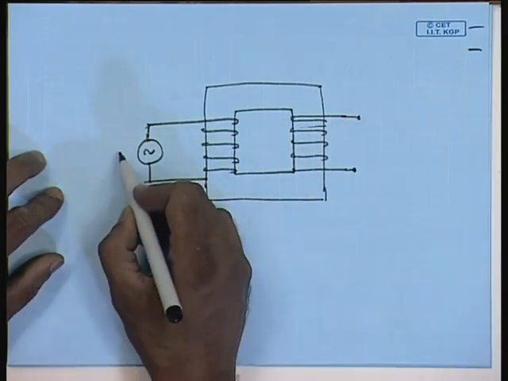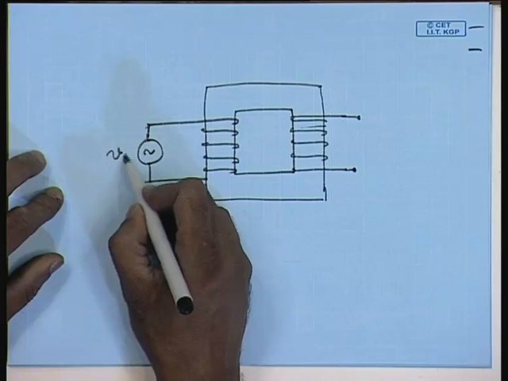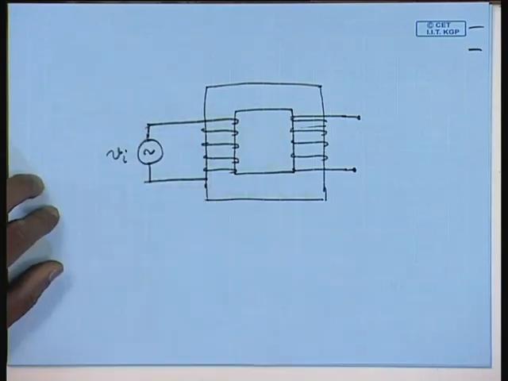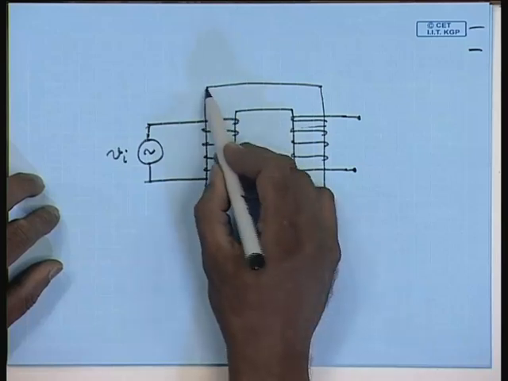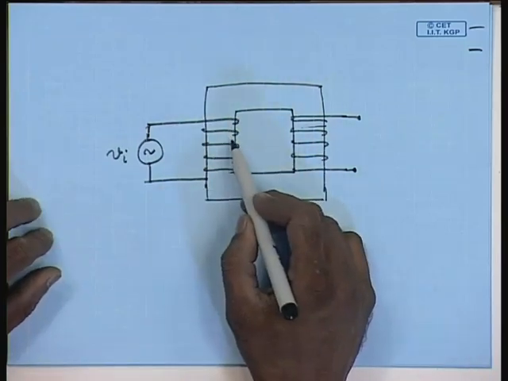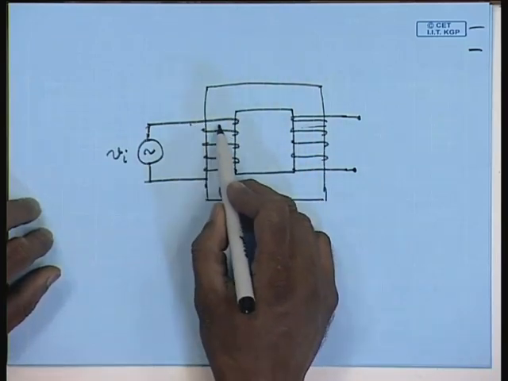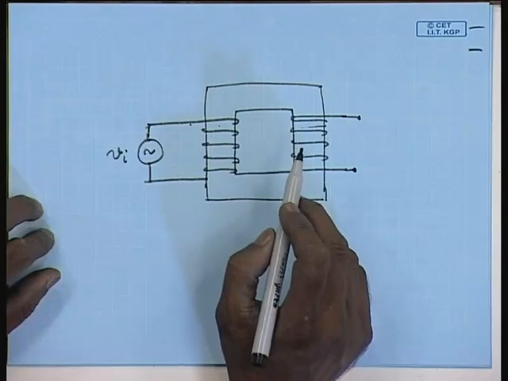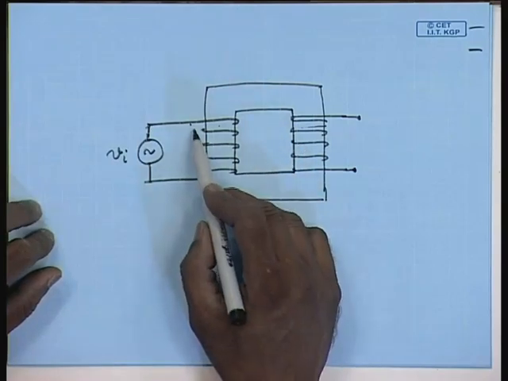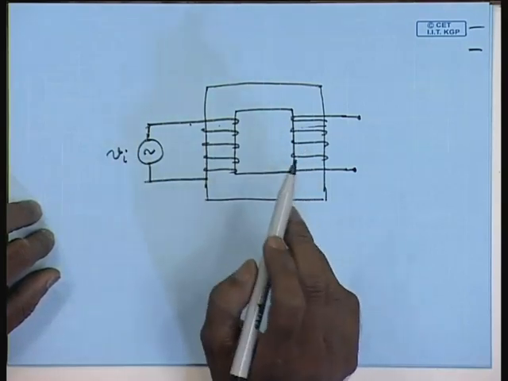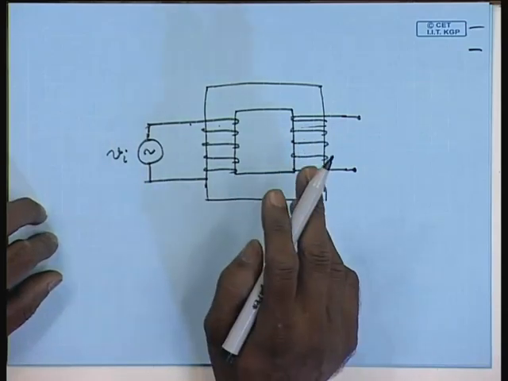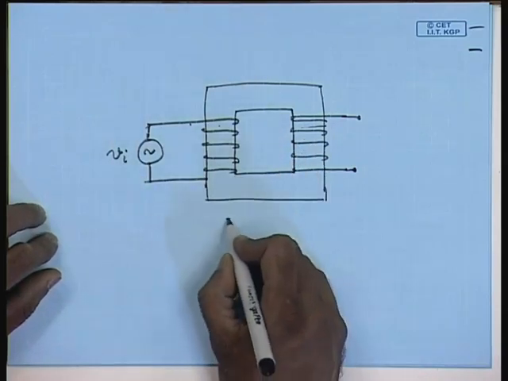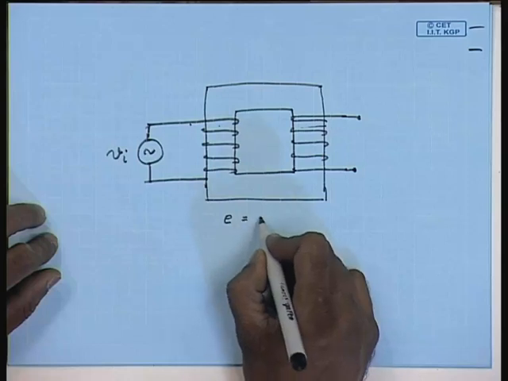The applied voltage we assume to be sinusoidal. If we neglect the resistive drop in the winding, then the counter induced EMF must completely cancel the applied voltage, that is, the counter induced EMF E should be equal to Vi.